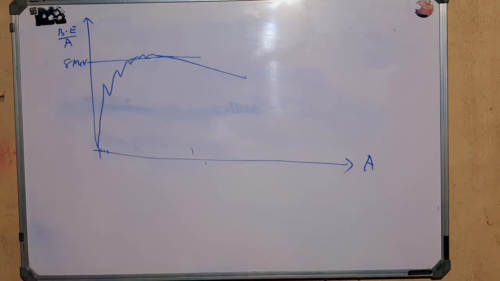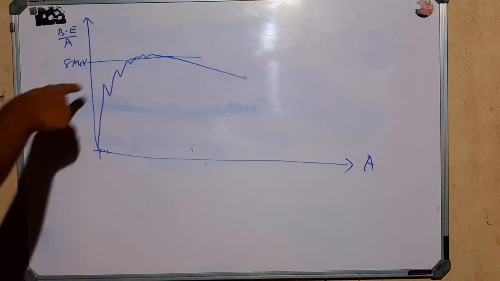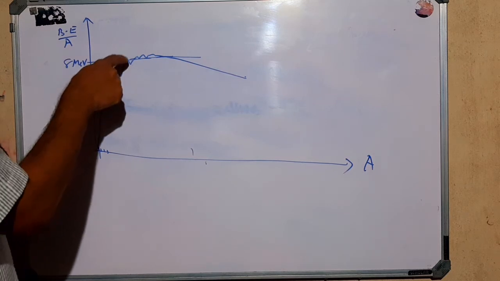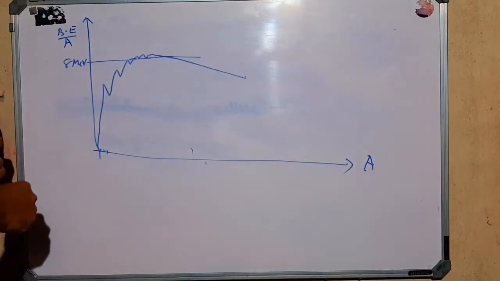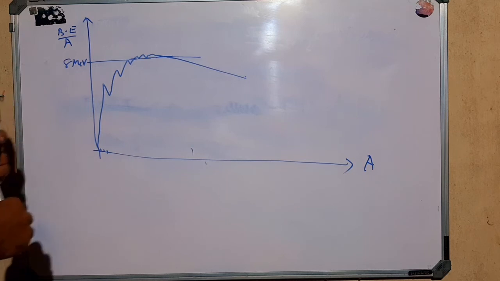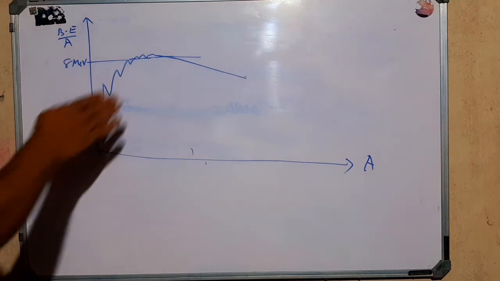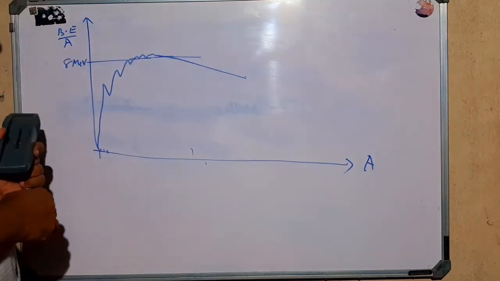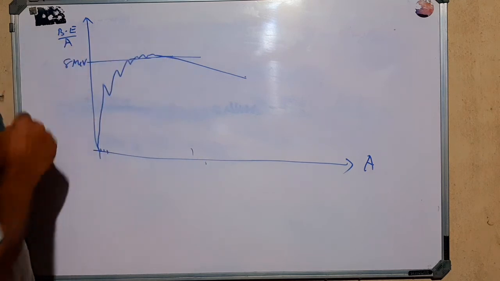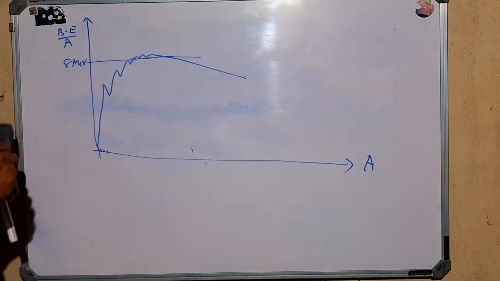And also you can observe here and there some less prominent peaks in the binding energy curve. So here you can observe that at higher mass number there is a decrease in the binding energy.